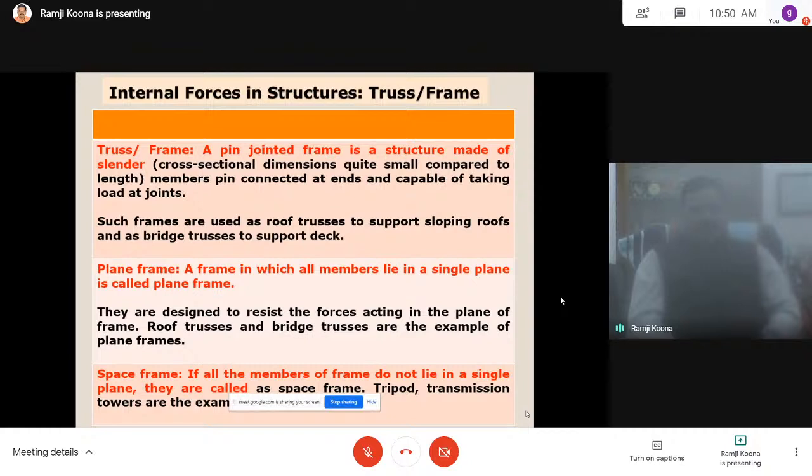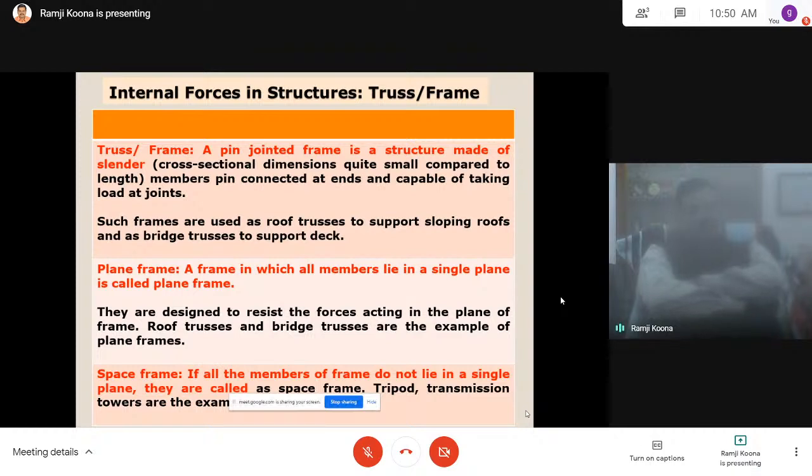Now a truss or a frame can be considered planar or spatial. A truss or a frame in which all members lie in a single plane is called a plane frame or a plane truss. In both places the definition is the same. If it is in a single plane, it is a plane truss. The basic objective is to resist the forces acting on a plane frame.